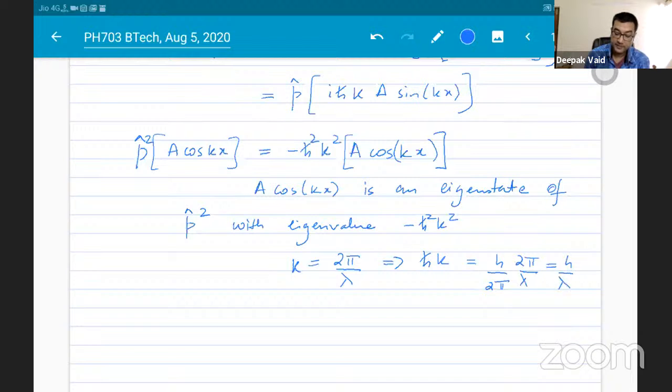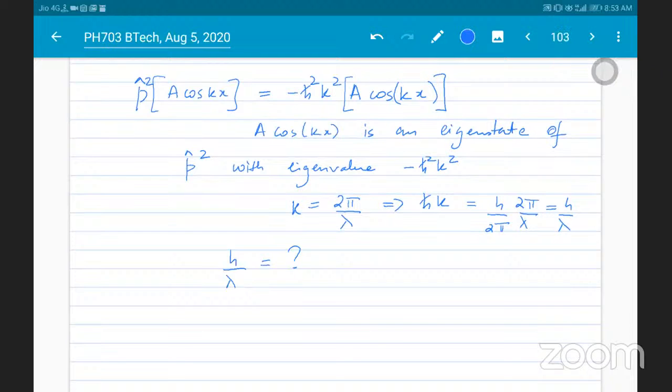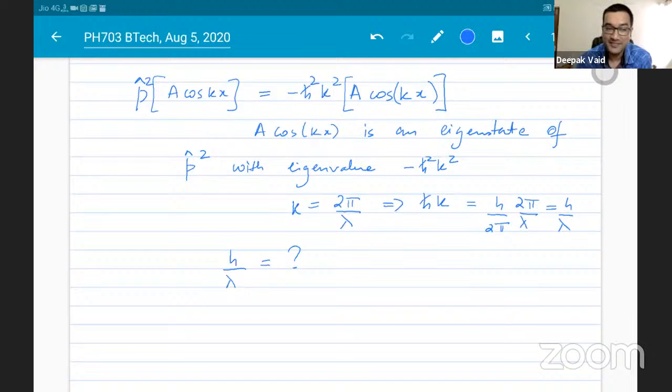So this is h by lambda. What is h by lambda? Anybody? Energy? H by lambda. Momentum. E by c. And what is E by c?